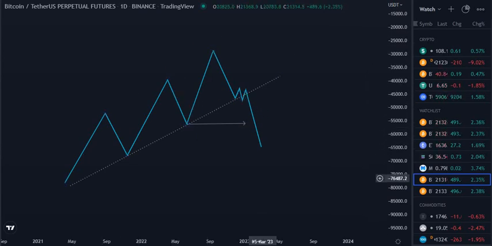Now what we have right here is a supply zone, and since this supply zone is located right along where we had a break in the momentum line, this is a flip zone.